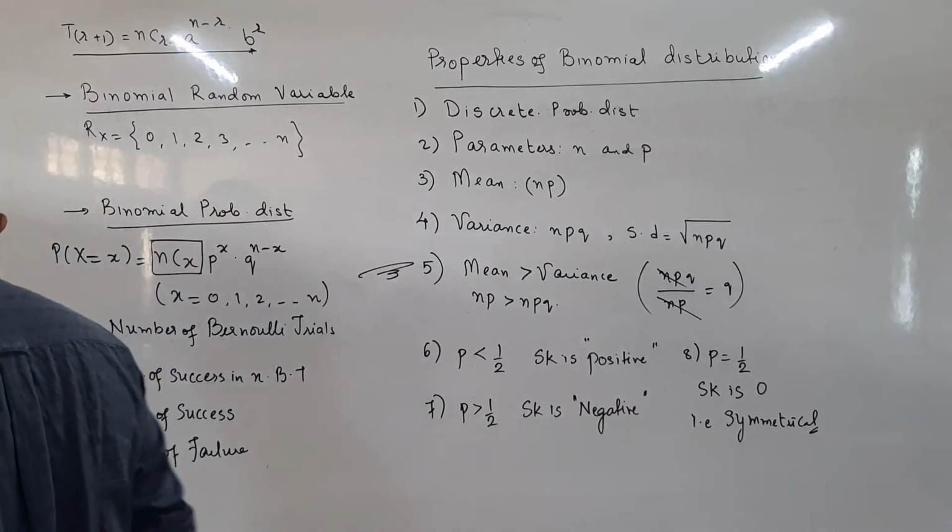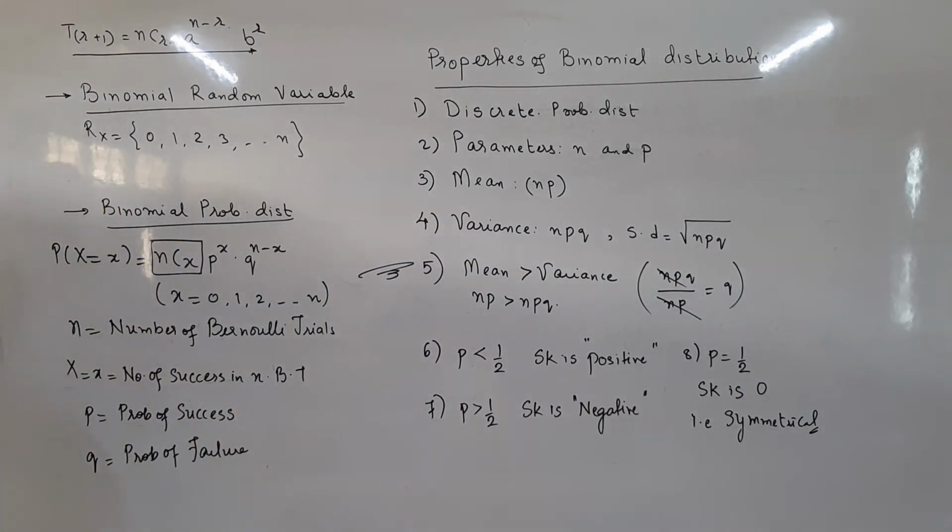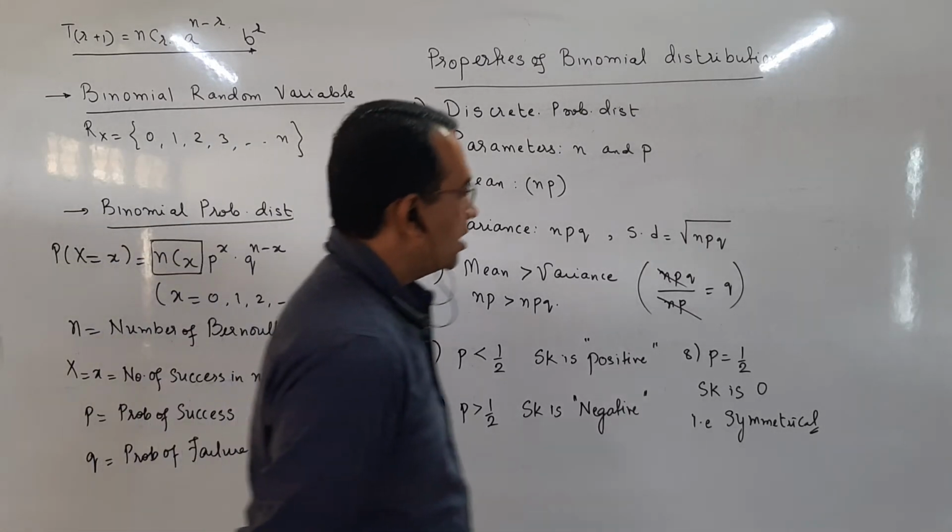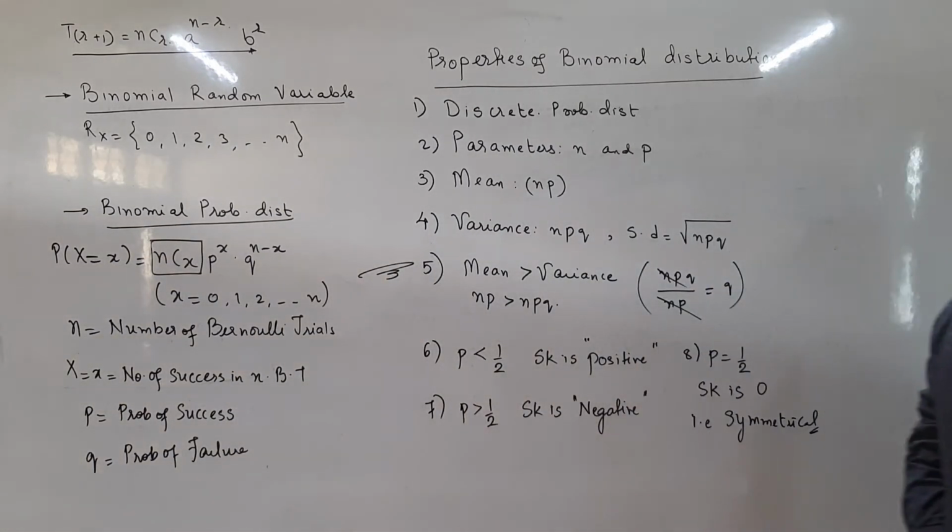Then the fourth property, variance. The variance of the binomial distribution is npq. All of you know the standard deviation is the positive square root of variance. So the standard deviation of a binomial probability distribution is the square root of npq.